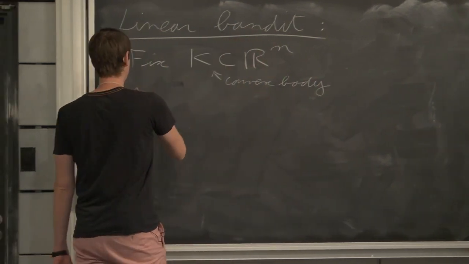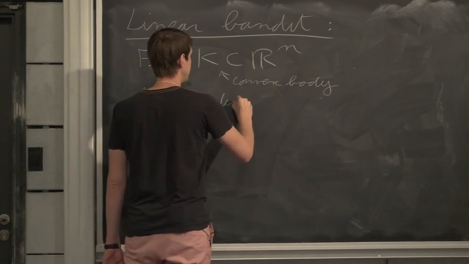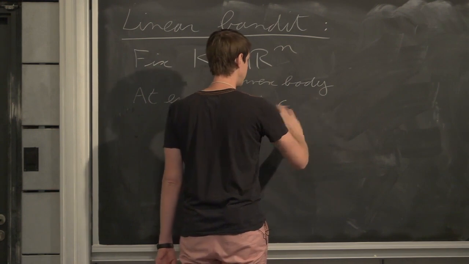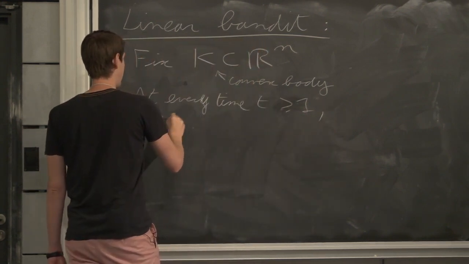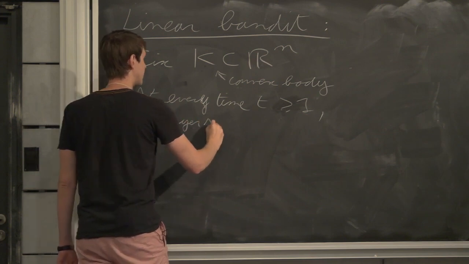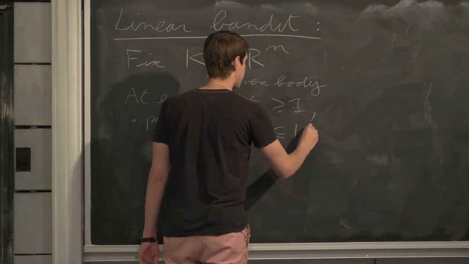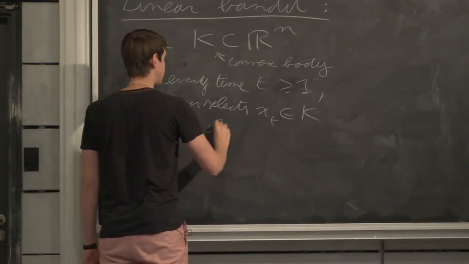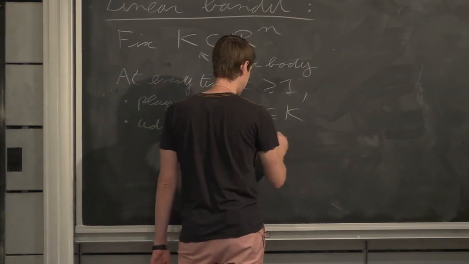Now, at every time t bigger than 1, the player selects x_t in K, and the adversary selects l_t, let's say, in R^n.